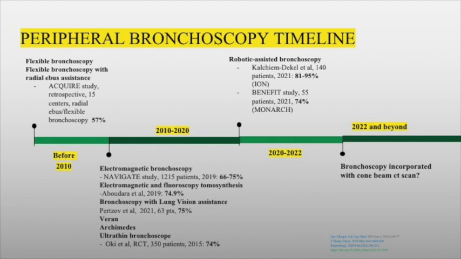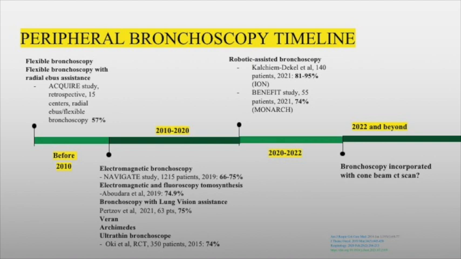Other technologies that are available are electromagnetic bronchoscopy in combination with fluoroscopy tomosynthesis to confirm the location of the nodule intraoperatively. The diagnostic yield of this technology can be up to 74.9% based on the study by Dr. Abu Dara in 2019.